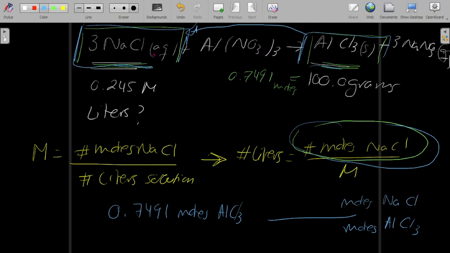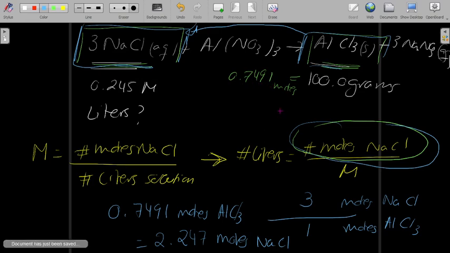The 3 is with the sodium chloride, so find that. Put 3 here. The aluminum chloride is 1. Put the 1 there and put it in the calculator. So basically, you need to start with 2.247 moles of that sodium chloride to be able to produce that 0.7491 moles.